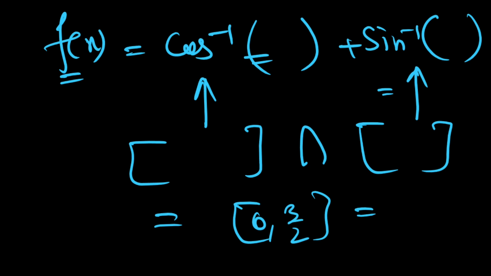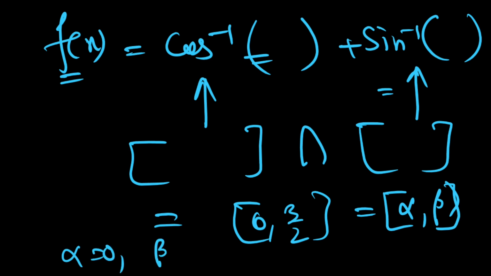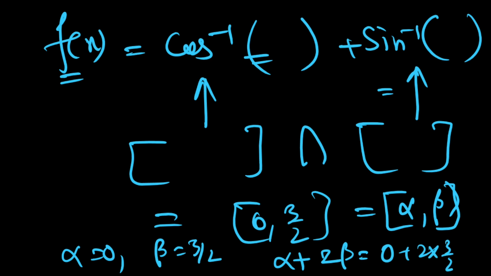In the question it is given as alpha and beta. From here we get alpha is equal to 0 and beta is equal to 3 by 2, and the question asks for the value of alpha plus 2 beta, that is 0 plus 2 times 3 by 2, which is equal to 3. So this is the answer.